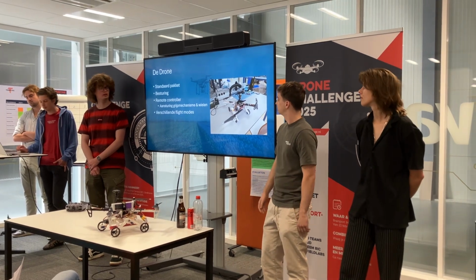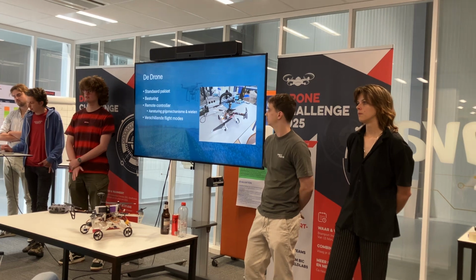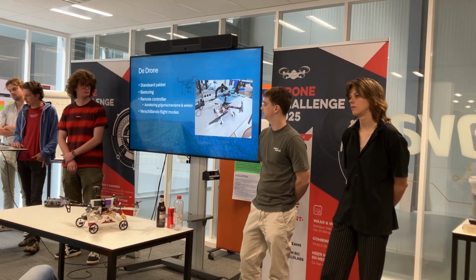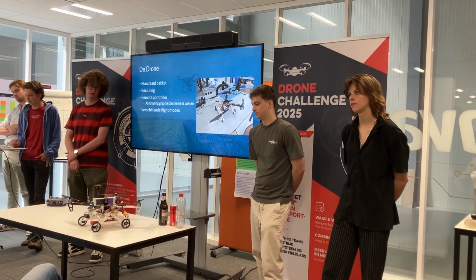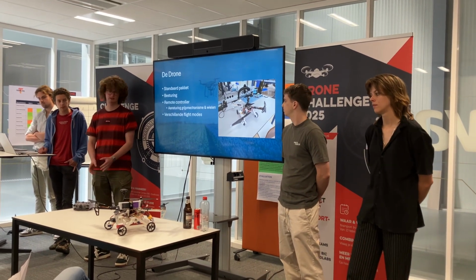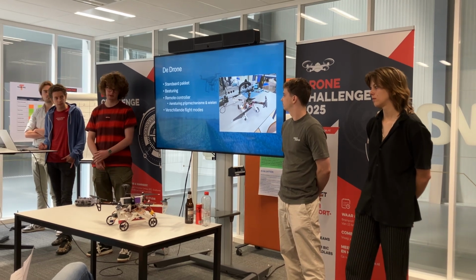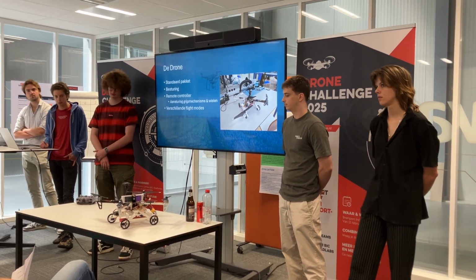Okay, so for the drone, we got a standard kit like everyone here. We decided on a driving mechanism. So the remote controller mixes, it has a switch on it, and when you flip the switch, it changes the channel, so it disables all motors.